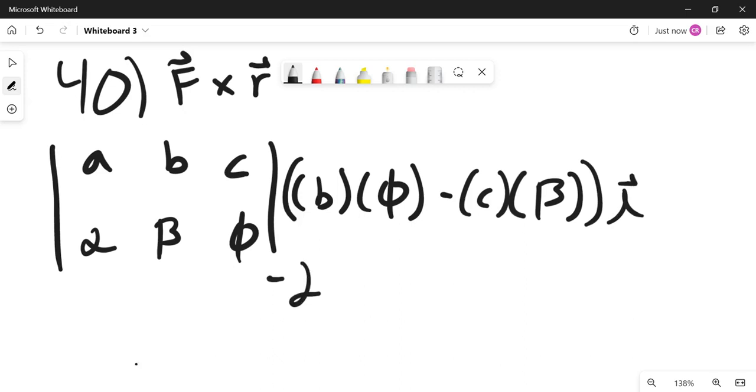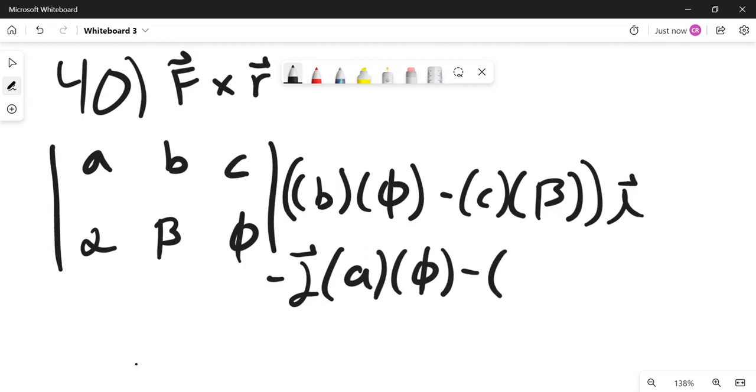And negative J, our Y vector, is going to be A times phi minus C times alpha. And then we would have a positive k vector.